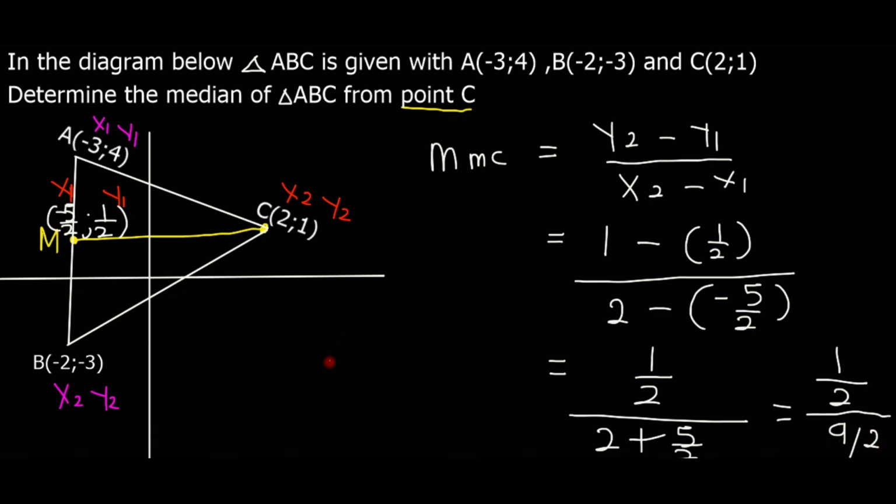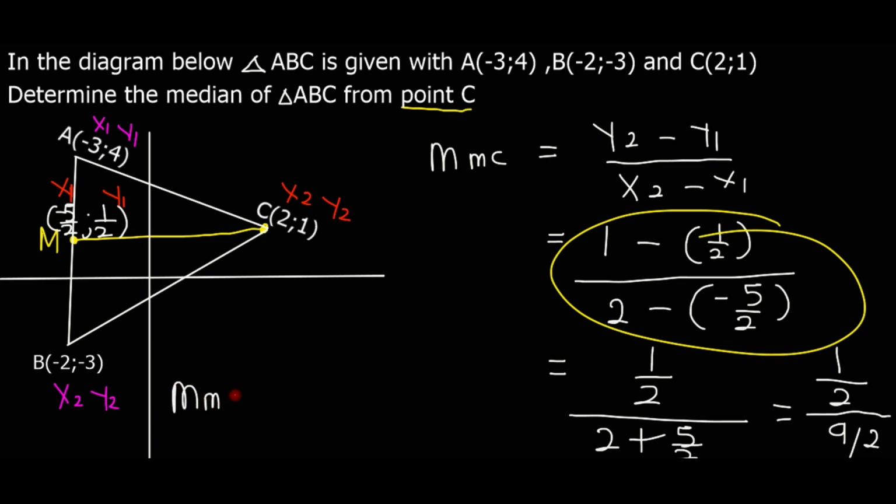So from there you can work out your answer, or you can press this on your calculator. Half divided by 9 over 2 is 1 over 9. So the gradient of line MC is 1 over 9.